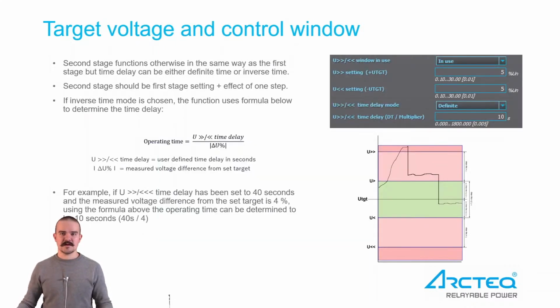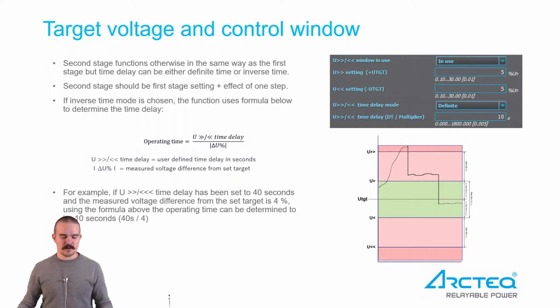So the second stage otherwise functions in the same way as the first voltage stage, but there is an option also for definite and inverse time delays. The second stage should be the first stage setting plus one step effect.